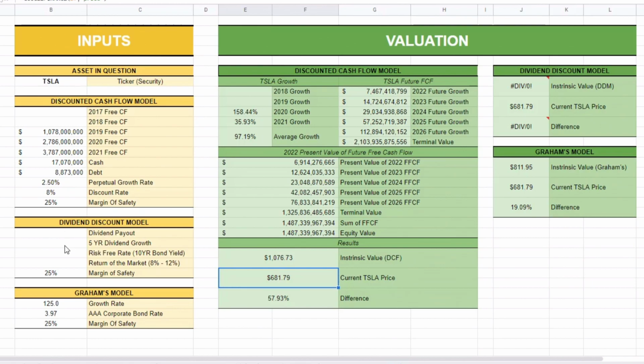And then obviously Tesla does not apply the dividend discount model, as they do not pay a dividend out.